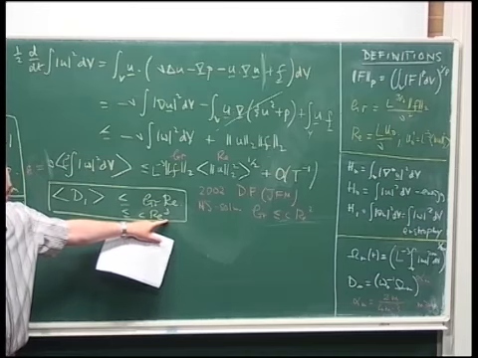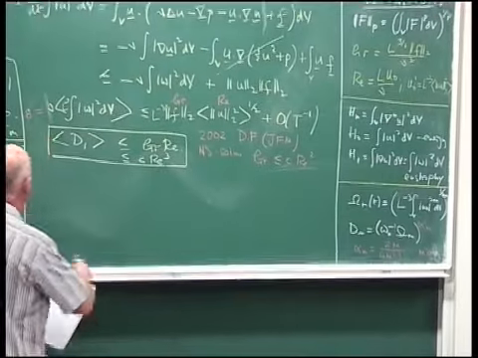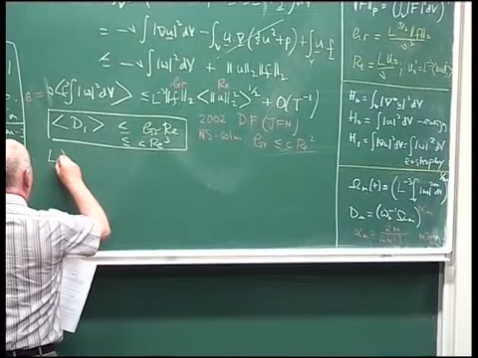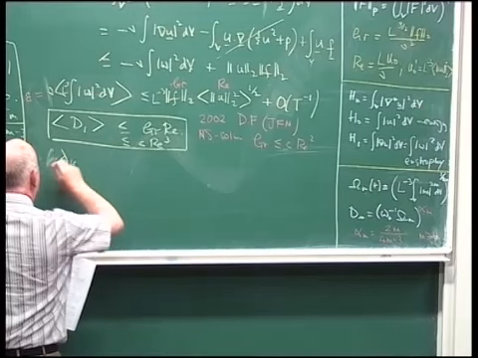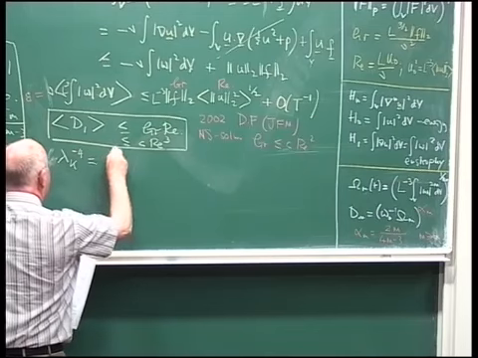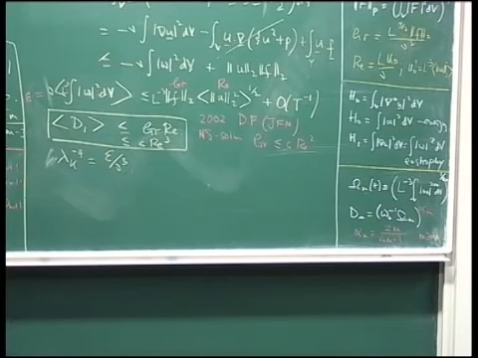Now, how do we define the Kolmogorov length? We would define the Kolmogorov length by lambda k to the minus 4 being like epsilon over nu cubed, like so.